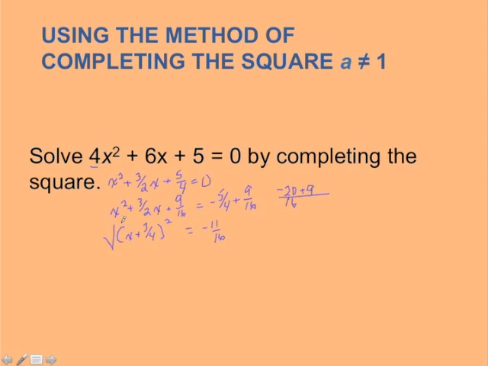Now I need to take the square root of both sides. I'll end with x + 3/4 equals plus or minus the square root of -11/16. So that could be the square root of -11 over the square root of 16.